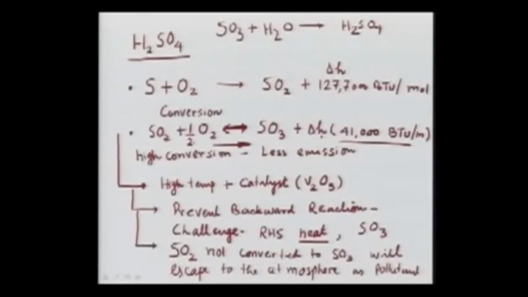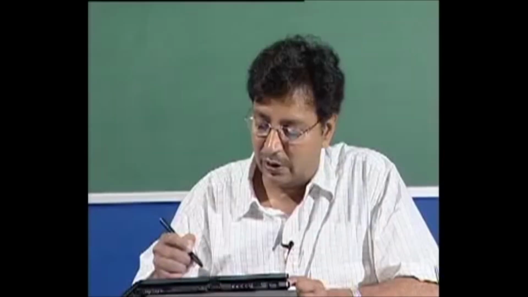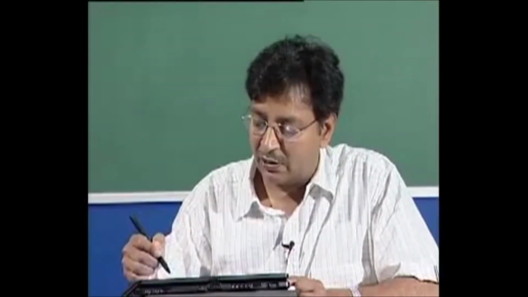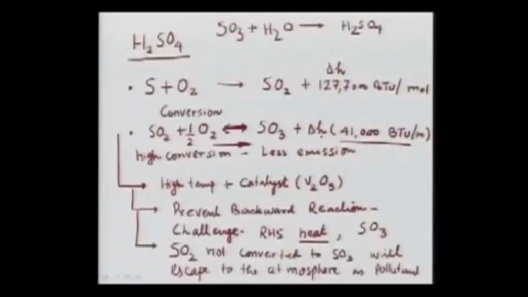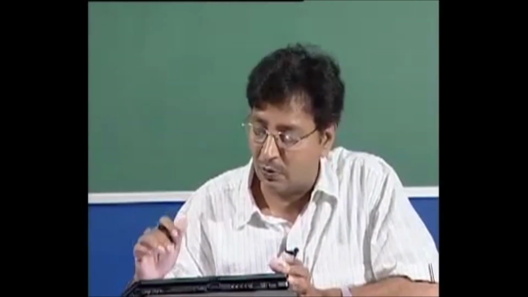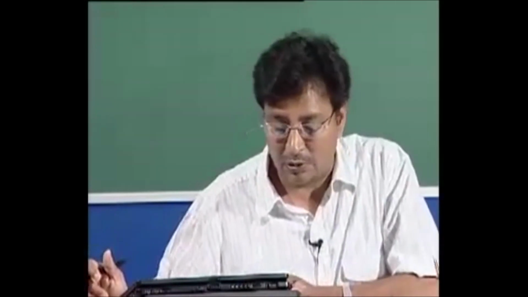So what we have understood is the conversion of sulfur to sulfur dioxide, sulfur dioxide to sulfur trioxide, and the heat must be quickly removed, otherwise there is a possibility of SO3 decomposing back to sulfur dioxide, and if it does happen, the SO2 will be emitted as emission. Idealistically, we want the reaction of sulfur dioxide with oxygen to continue in the forward direction, and we will see in the actual plant how this is done.